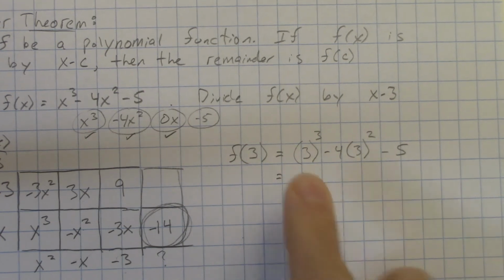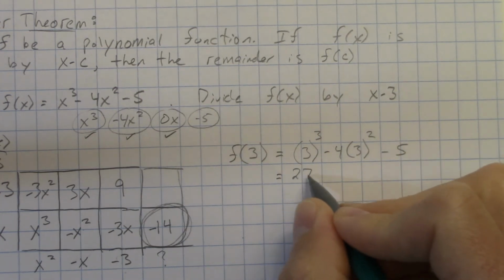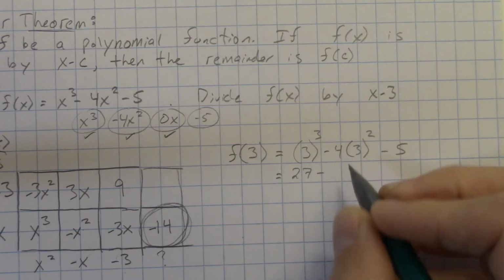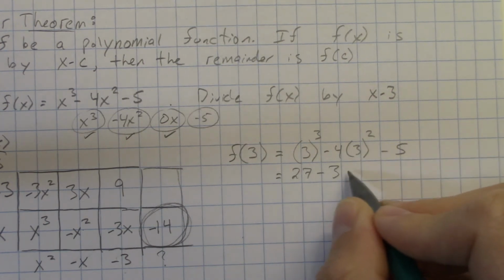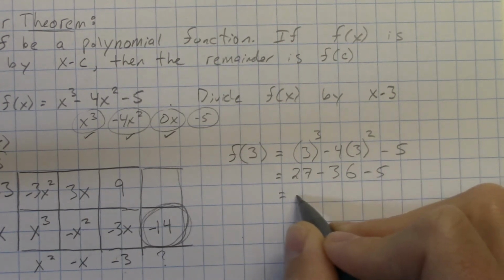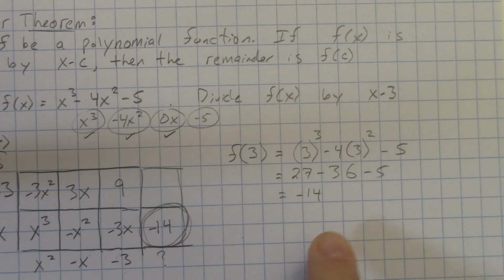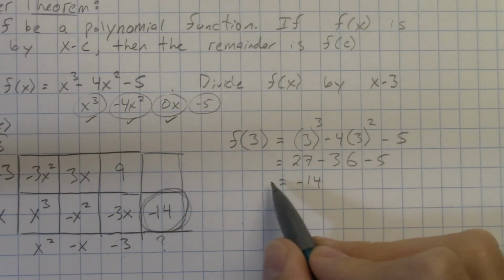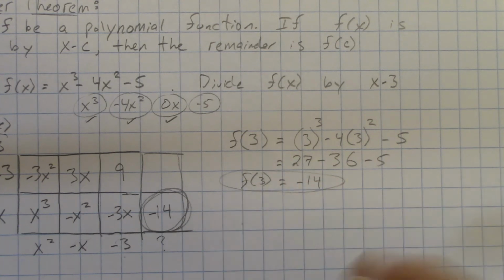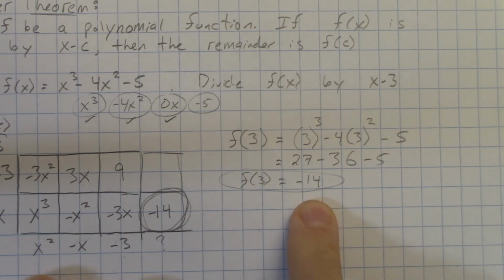This would be 27 minus 3 squared is 9 times 4, which is 36, and then minus 5 again, giving you negative 14. Why would we do this? Well, this is certainly a lot shorter. This is a nice shortcut. It is shown and proven in your book, so f of 3 is negative 14.